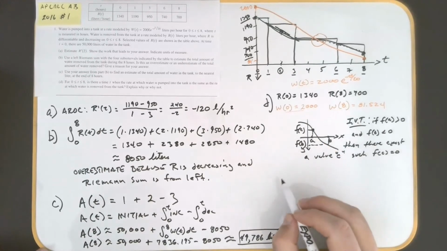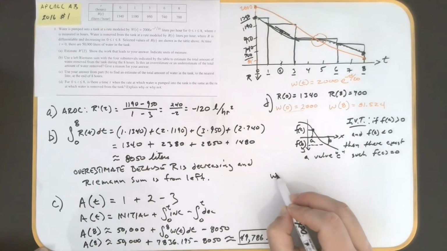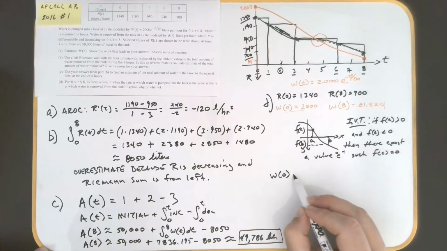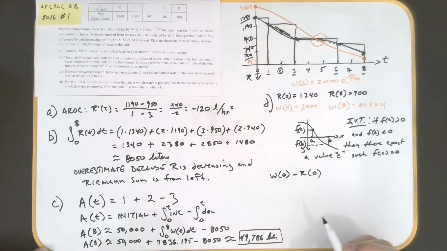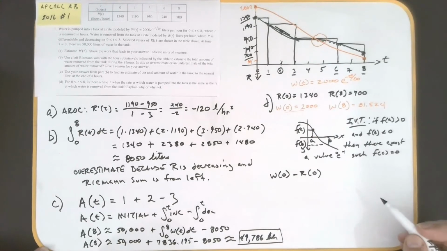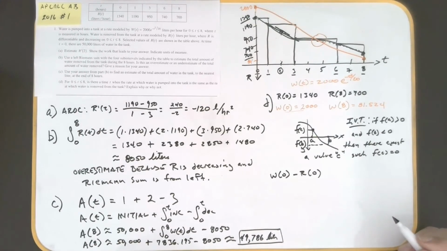So I'm going to start with the value for W, and I'm going to say, when the day began, W of 0 minus R of 0, okay, so I did 2,000 minus 1,340. When I subtract those two values, I wind up with 660, I believe, and that is a positive number.